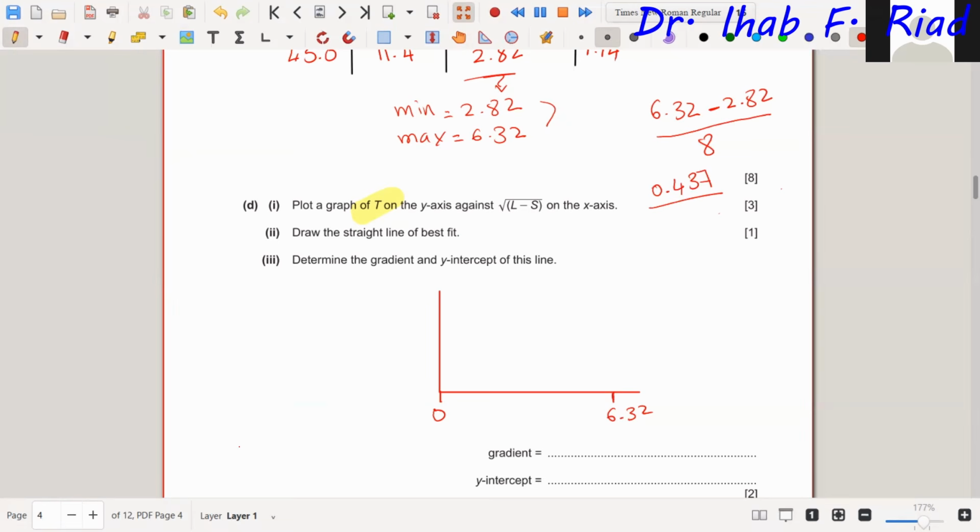So, what is the next best value I can choose? What is the next best value you can choose, Deem? 0.5. Okay.